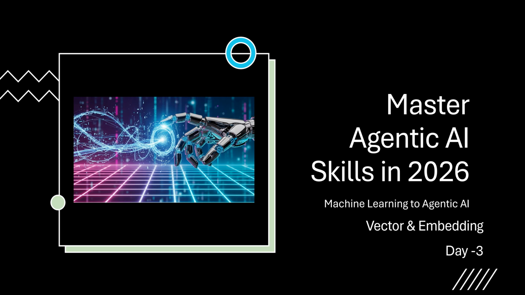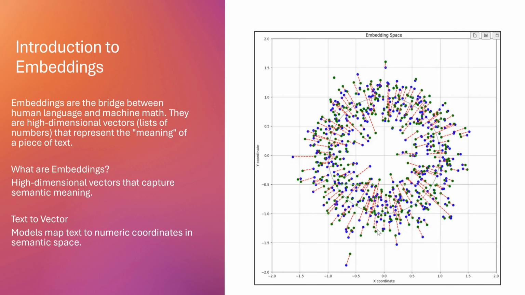So today we are going deep into the RAG system, the vector and embedding. Let's break down what an embedding is in AI and why it's so important. An embedding is a way AI converts complex data like words, images, audio into numbers called vectors.